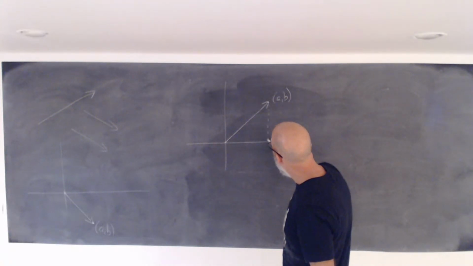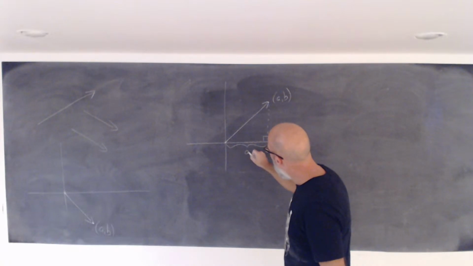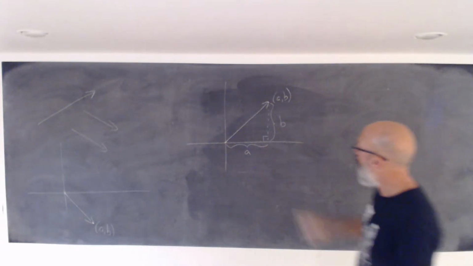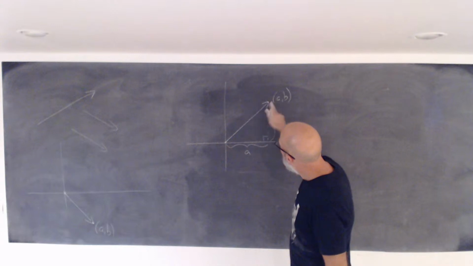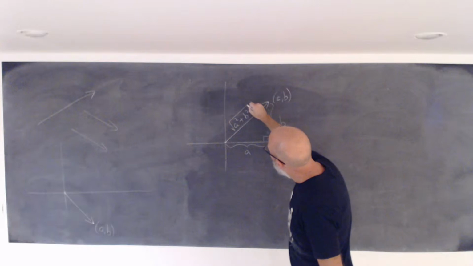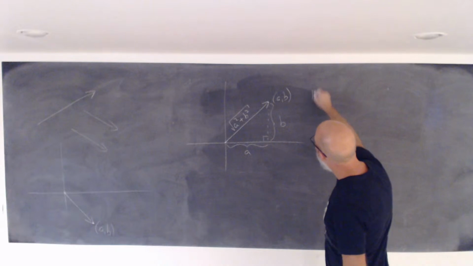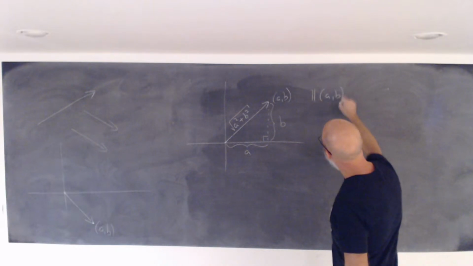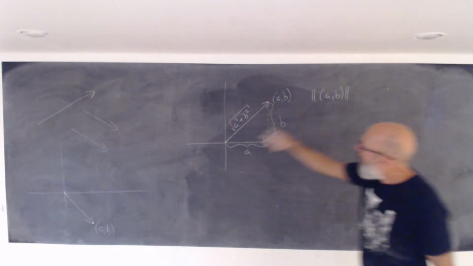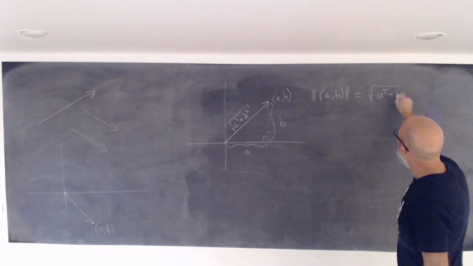And if you look at the Pythagorean theorem, this point AB means you go A in the direction of X and B in the direction of Y. And so by the Pythagorean theorem, the hypotenuse has length square root of A squared plus B squared. And consequently, we say that the magnitude of the vector AB, namely the vector that starts at the origin and goes to the point AB, has length square root of A squared plus B squared.